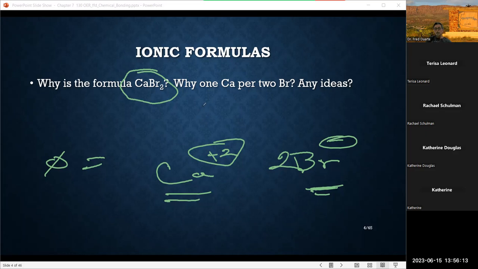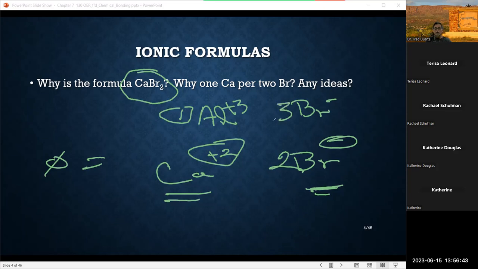If I had aluminum, which is a +3, and bromides, how many bromides do I need for aluminum bromide? You need three, exactly, Catherine.